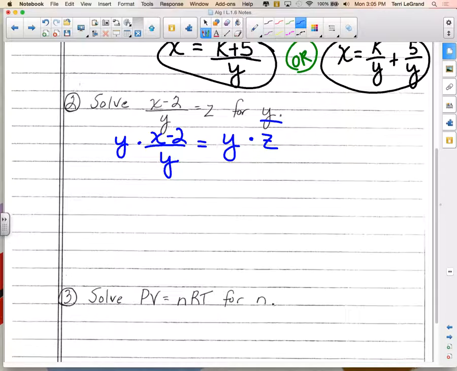Because we're not trying to get the y to go away. We're just trying to eventually get it to be a 1y. Well, when it's in a denominator, that's not a good spot for it. We can't have 1 over y equals something, okay? So we are going to let these cancel each other out, and we'll have x take away 2 equals yz.